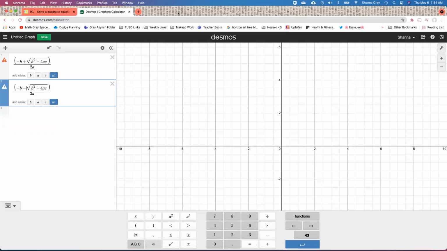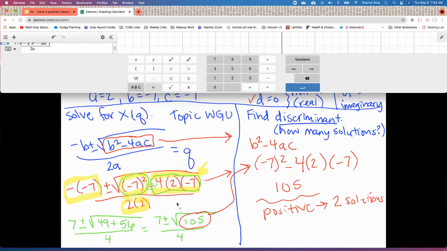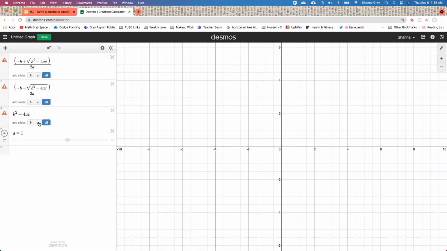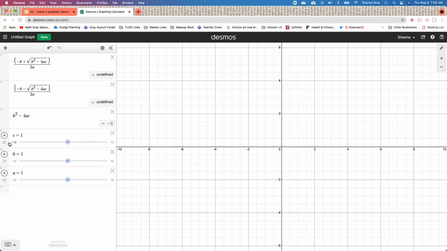So in terms of what we were solving for, this would be this part down here, this 7 plus or minus the square root of 105 divided by 4. That's what I've typed in. I'm also going to type in just the discriminant to show you that you could do it with just that too. So that would be b squared minus 4ac. And since I used the same variables for all these, it's going to let me input the same numbers and see what each one ends up being.